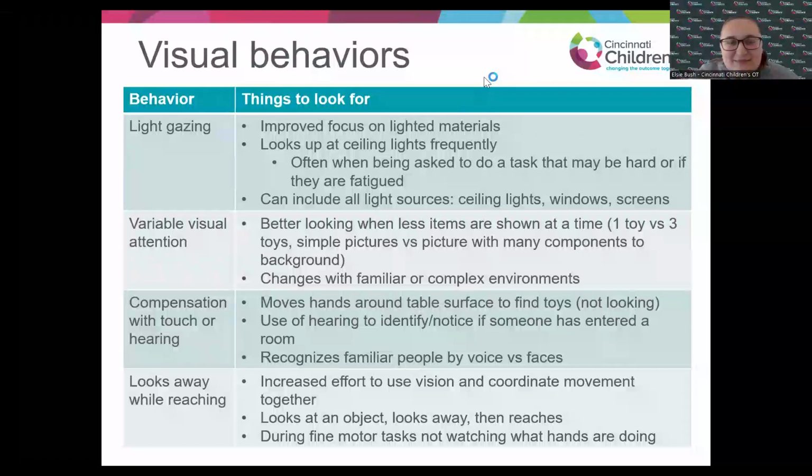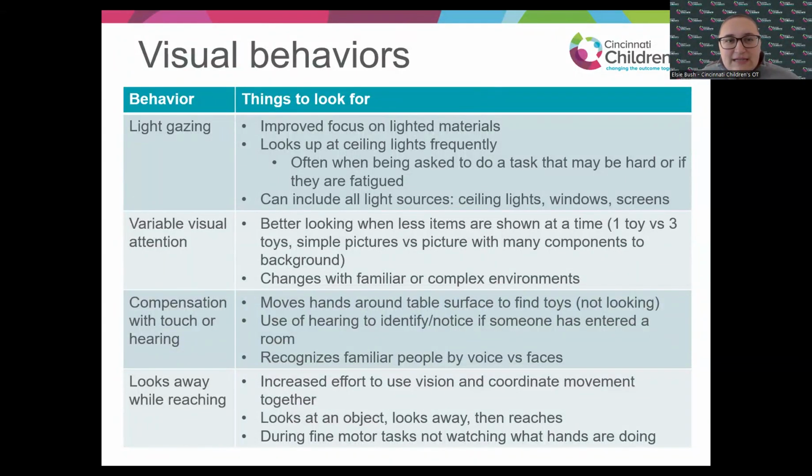And so Dr. Rice had mentioned within the diagnostics and understanding of the diagnosis of CVI that there's different visual behaviors that we can see that characterize CVI. And while we're not having every single visual behavior listed here, we have on the next two slides just some typical ones that we may see in kids with CVI or who are showing those signs, and then what to look for.